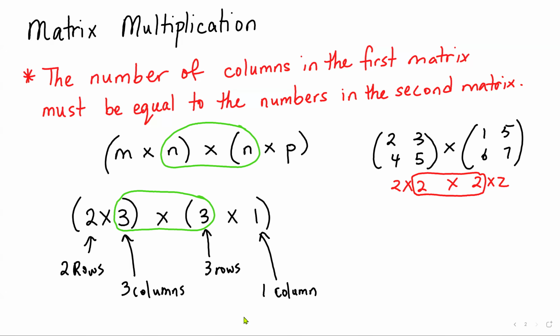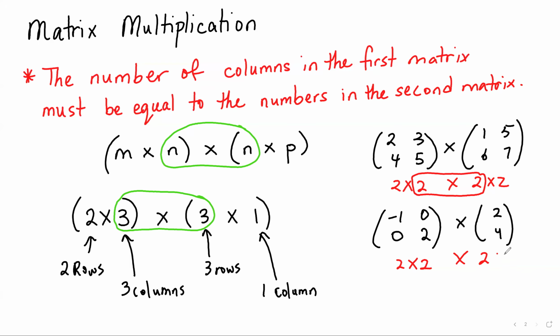The next thing is I could also have a 2 by 2 matrix, say -1, 0, 0, 2. That's my first matrix. Again, this is a 2 by 2 matrix with two rows and two columns. I could multiply that by a matrix like this, because the first matrix is 2 by 2, and the second matrix has two rows and one column.